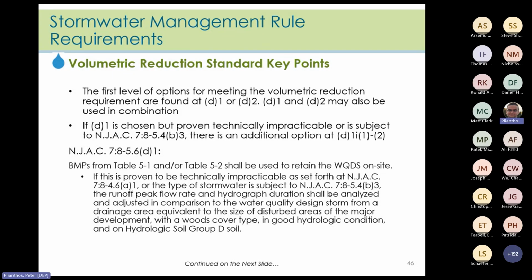Now, if D1 is applied but proven to be technically impracticable, or the stormwater should not be recharged because it is either from an area of high pollutant loading or industrial stormwater exposed to source material, and see NJAC 7:8-5.4(b)3 for details on those terms, then there is a second level where an extra option opens up to meet the standard using D1(i)1 through D1(i)2.